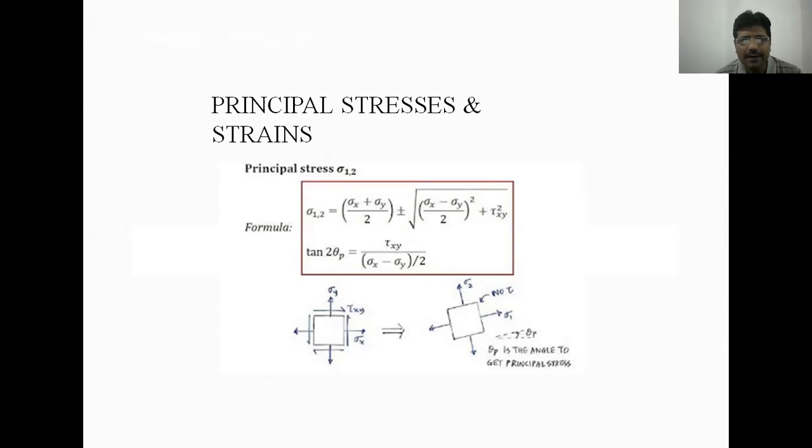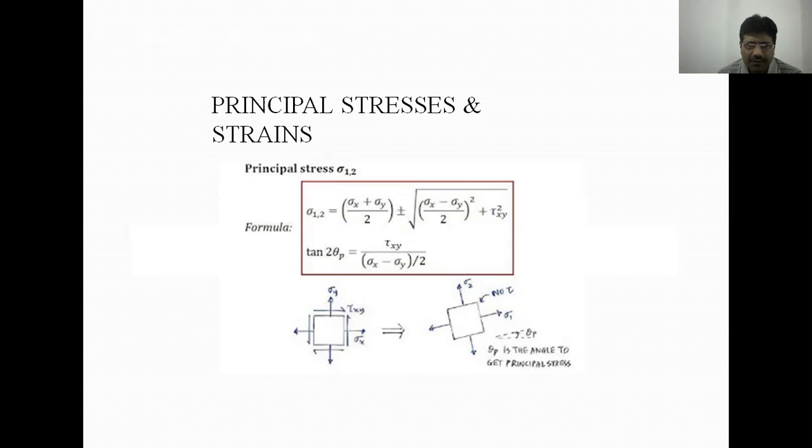Tau xy, the shear stress, is known, and sigma x and sigma y are also known. So we find the difference of the two direct stresses, divide by 2, then divide the shear stress by this quantity, and we find tan 2 theta p, the trigonometric ratio of the angle of the plane along which the principal stresses act.